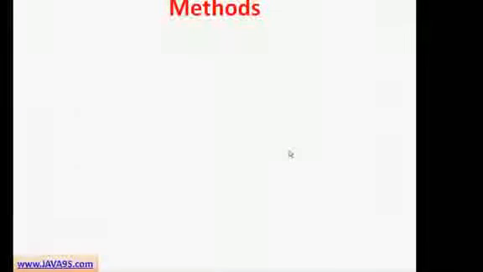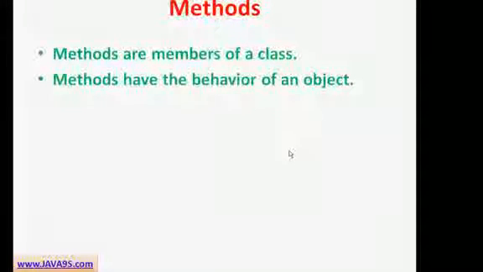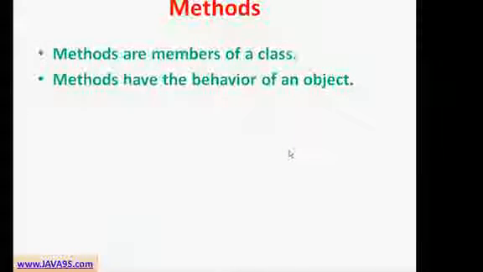Then comes the methods concept. Methods are members of a class, and instance variables are also members of a class. Methods have the behavior defined for an object. Please remember, methods have the behavior which is meant to be invoked or used by other objects in the application.